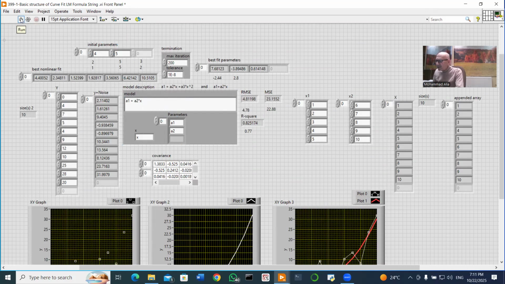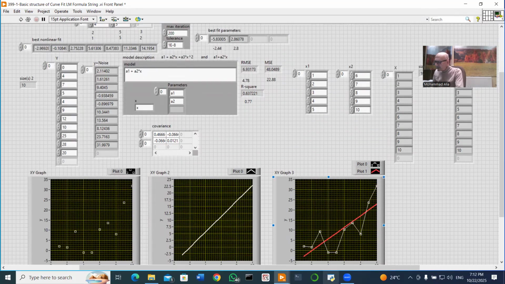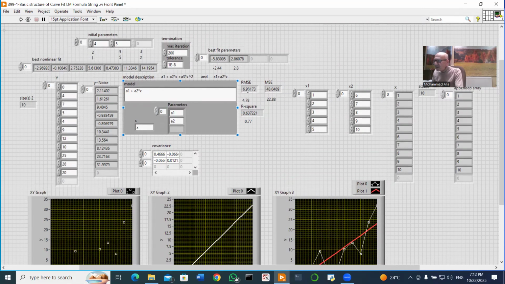Okay, we run the program and we see this is the original data set, and this is the linear fit here. And if you look at the R value now, you see it is 0.63. It was 0.84 before.